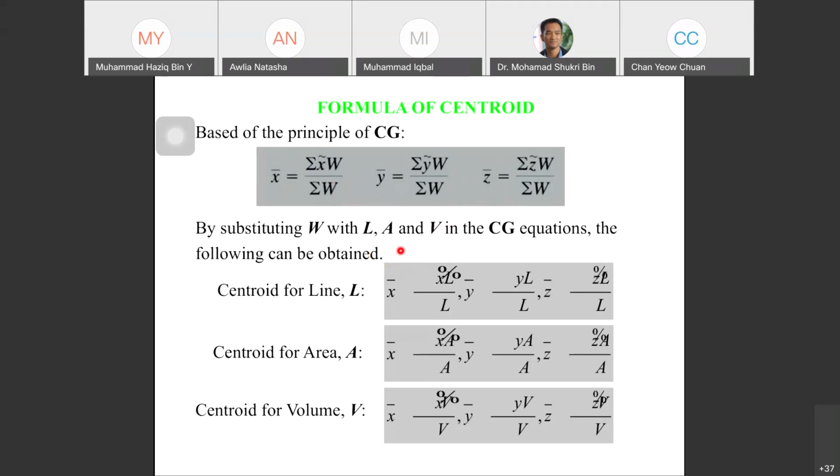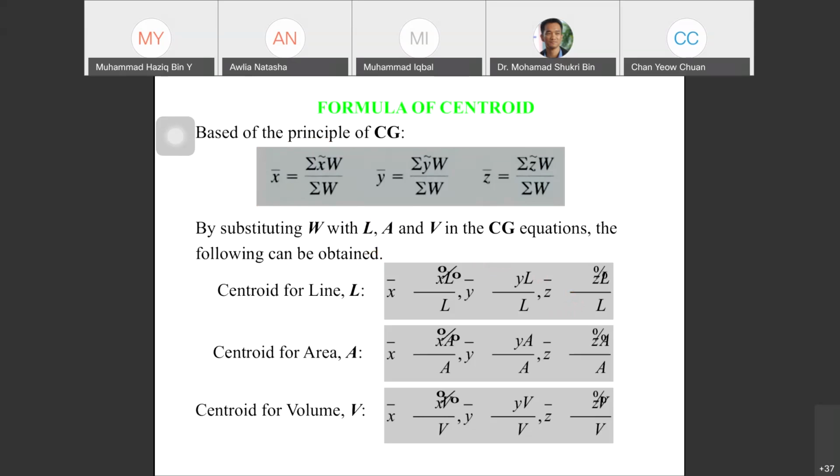It depends whether it is line, area or volume. For a 1-dimensional problem, we use line. For a 2-dimensional problem, we use area, and for 3D we use volume. So the formula is only this one, for the center of gravity.